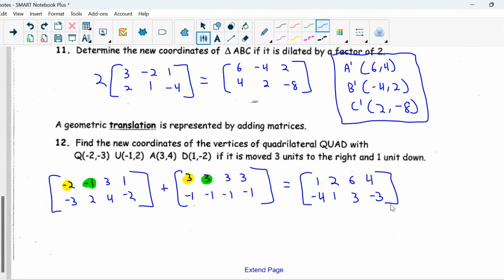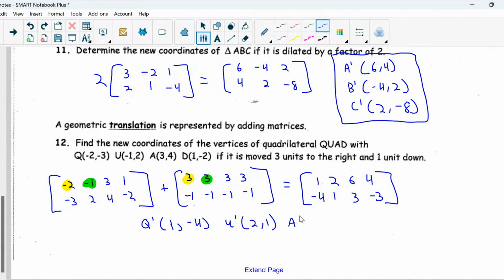Once again, we can't just leave our vertices as a matrix. So let's write them as we did for our triangle above. So we have Q prime equals our first column here, remember, X and then Y. U prime is our second column, which would be 2 and 1.